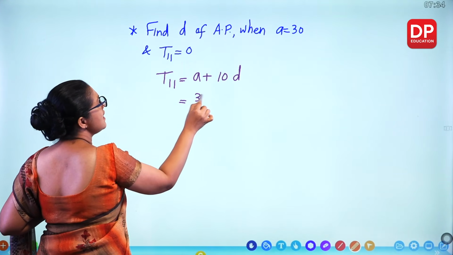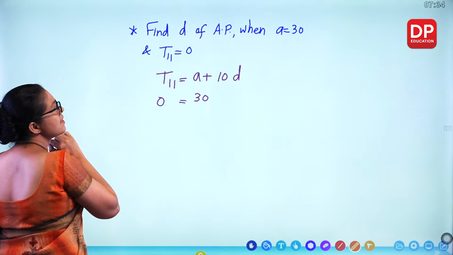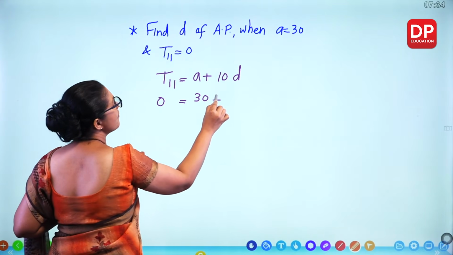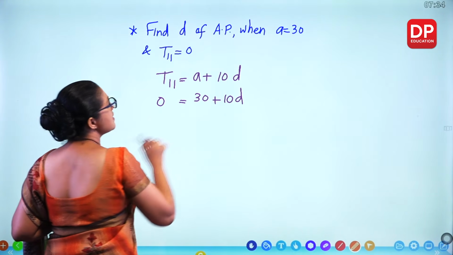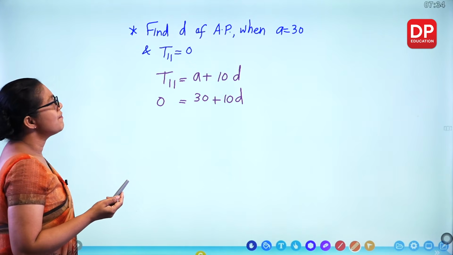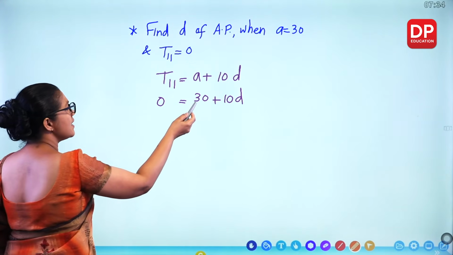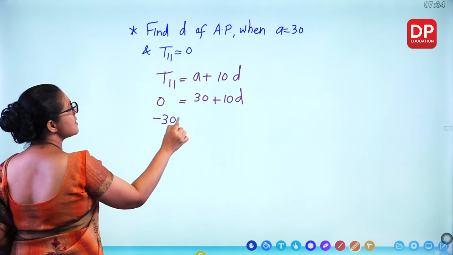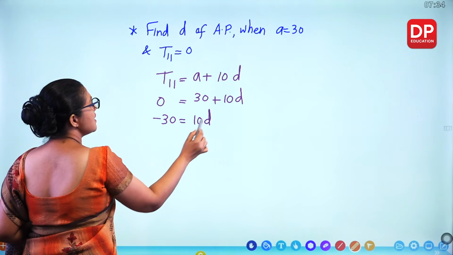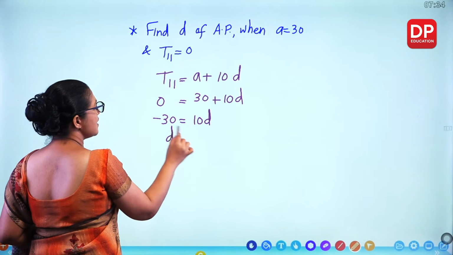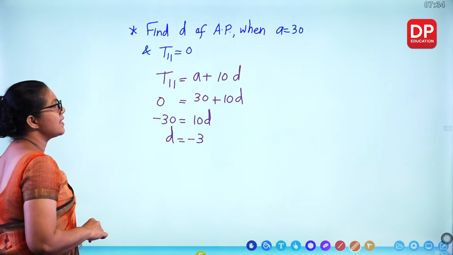A is 30, the 11th term is 0, and this is 10D. You can easily find the difference. Take 30 to this side, you get minus 30 is 10D. Divide by 10, you get minus 3.